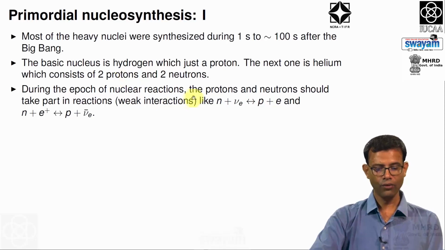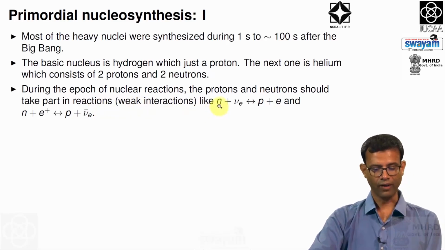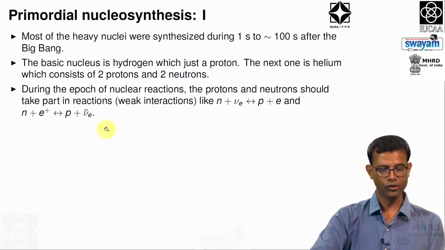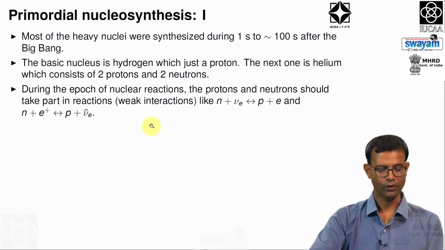During the era where nuclear reactions are taking place, the protons and neutrons should partake in reactions, basically weak interactions like this. For example, a neutron can react with the electron neutrino and give rise to a proton and an electron, and probably the reverse reaction can also happen, and so on. Okay.